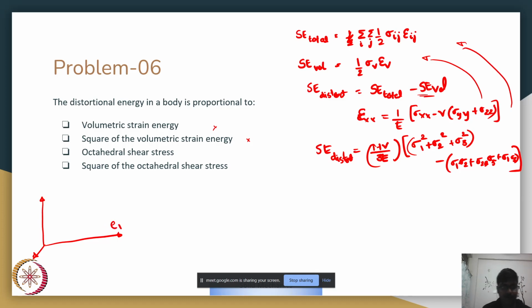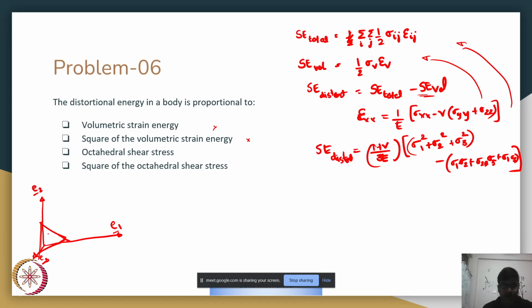So what we have is basically E1, E2, E3, right? These are your principal normals, and what we are looking at is a plane like this.